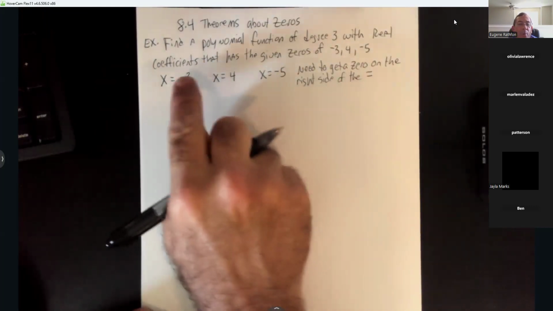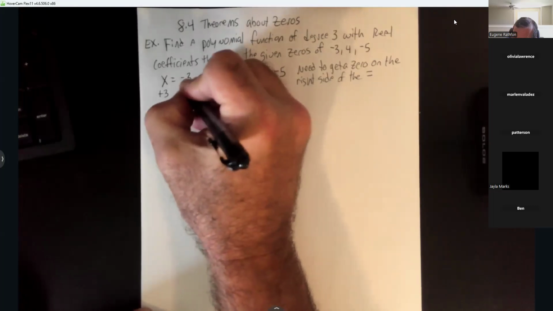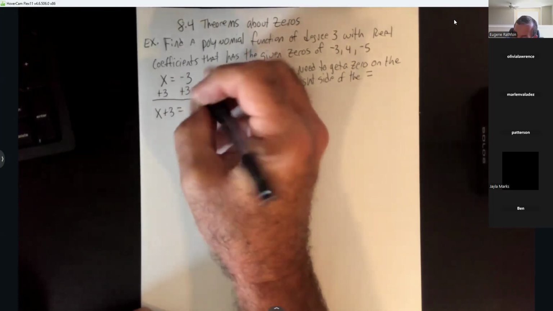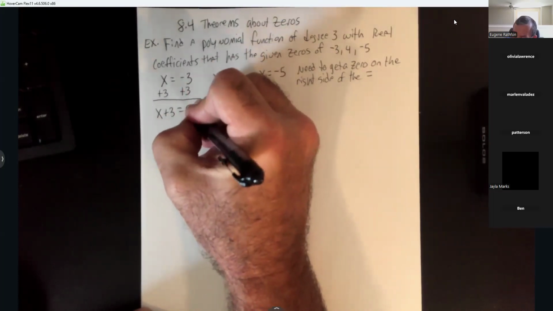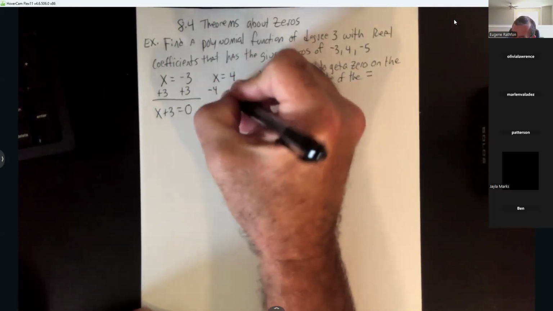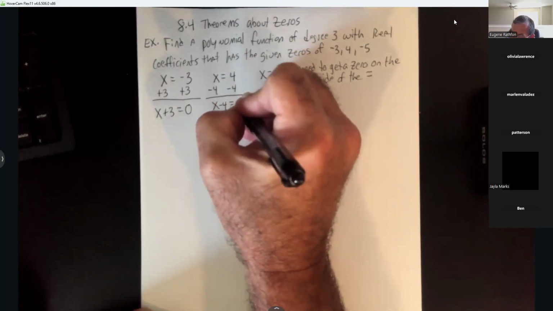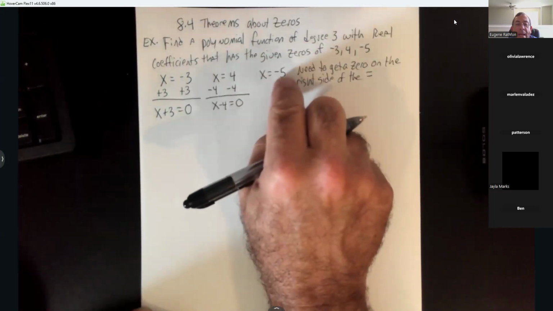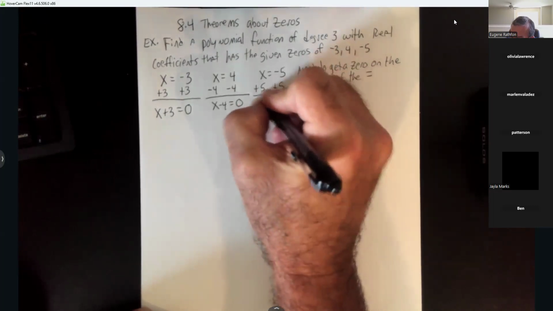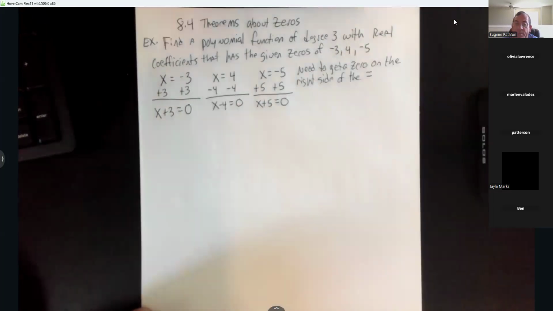Well, if I'm going to get a 0, I'm going to add 3 to this side, which means I'm going to add 3 to the other side. So that'll give me x plus 3 equals, well, -3 and 3 is 0. So we're going to do the same thing. Subtract 4 from the second one. I get x minus 4 equals 0. And on the last one, since that's -5, I'm going to add 5 to both sides. And that's going to give me x plus 5 equals 0.